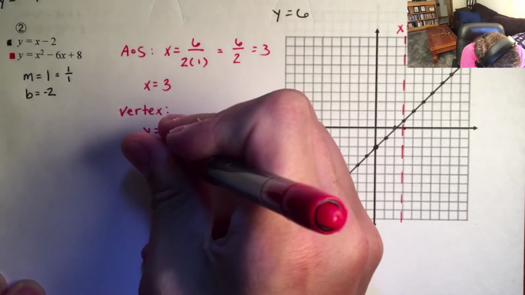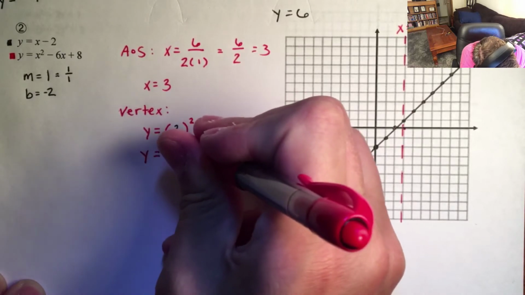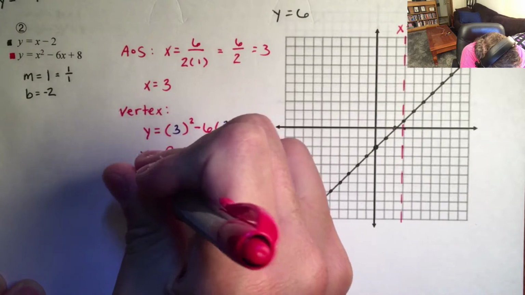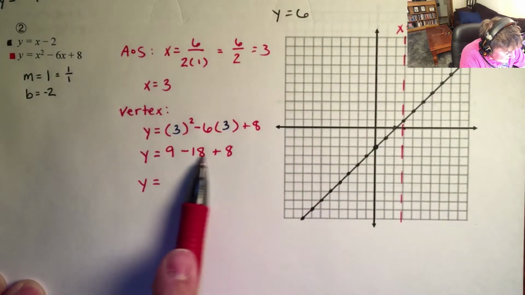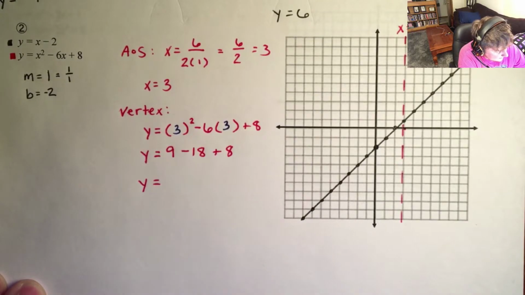Okay, so 3 squared is 9. -6 times 3 is -18. Plus 8. Okay, so here, these two together is -10, and then -1. I believe this is -1.